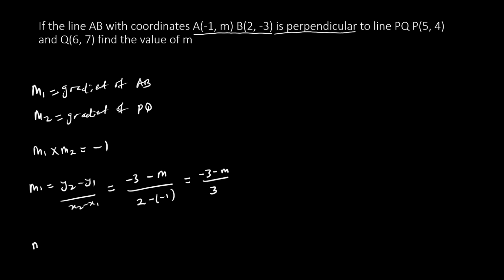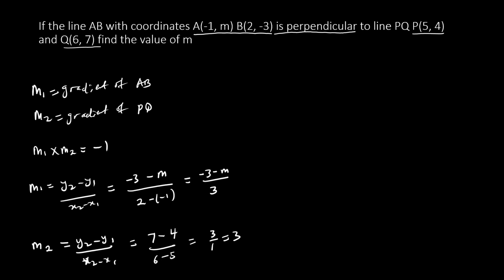The second part, which is the gradient of line PQ, this is m2 equals y2 minus y1, just like we have it for m1, over x2 minus x1. We now have this: y2 is 7 minus 4 all over 6 minus 5. And then we have 3 over 1, which equals 3. I'm going to draw a line here.